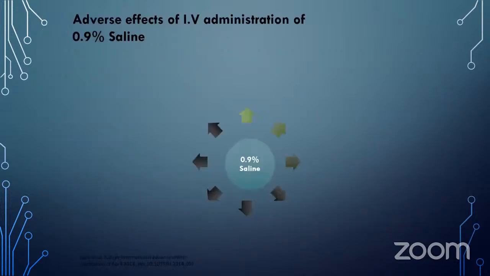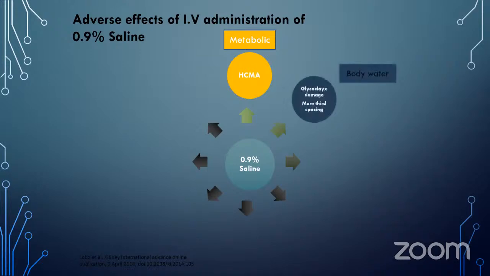So what are the adverse effects of IV administration of saline? As I told, it can lead to hyperchloremic metabolic acidosis. This is a metabolic complication. And there is clear evidence that it can also damage the endothelial glycocalyx. There was a small pilot study done in around 200 patients, where they looked at administration of saline and its effect on capillary leak and damage of the endothelial glycocalyx.